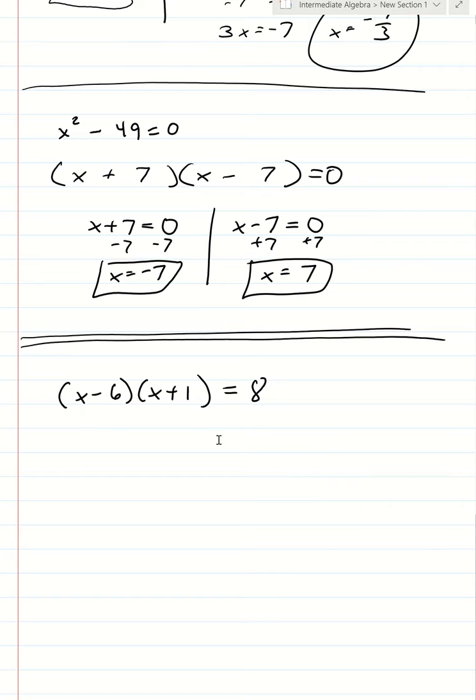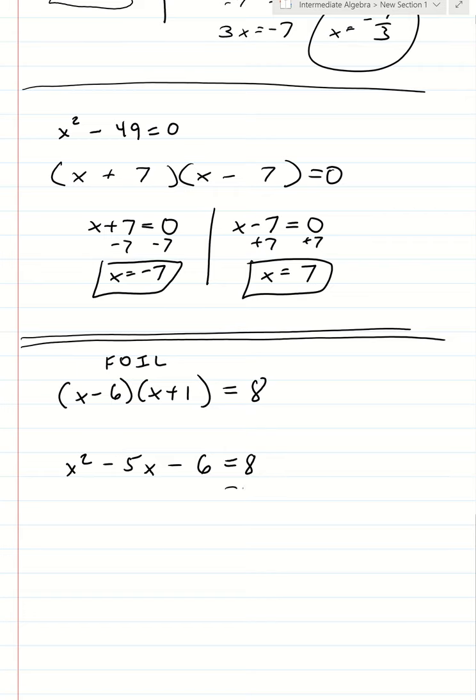Instead, what we're going to do is perform the multiplication on the left side. So let's FOIL that out. If we were to FOIL that out on the left side and combine like terms, we would now have x² - 5x - 6 = 8. But now we have to get a 0 on the right side of the equation.